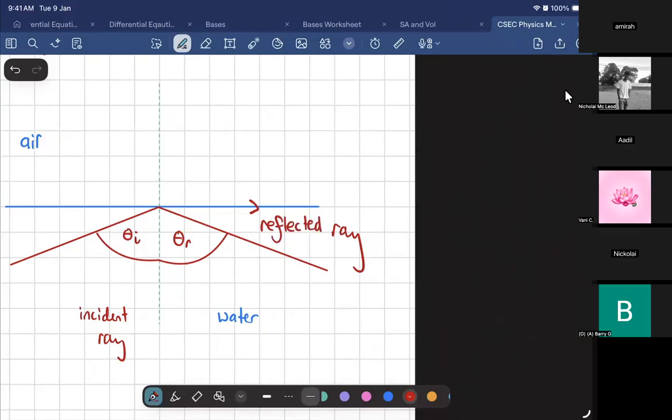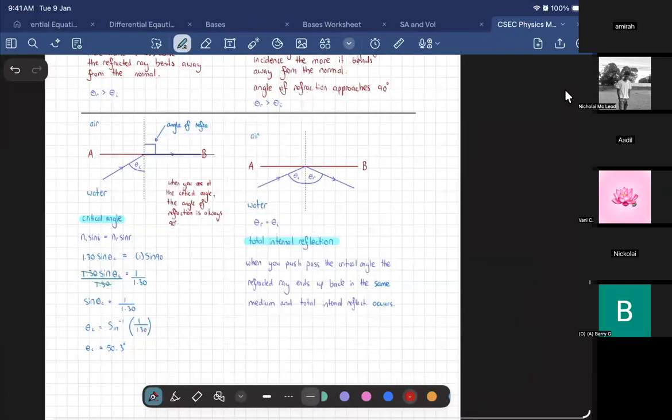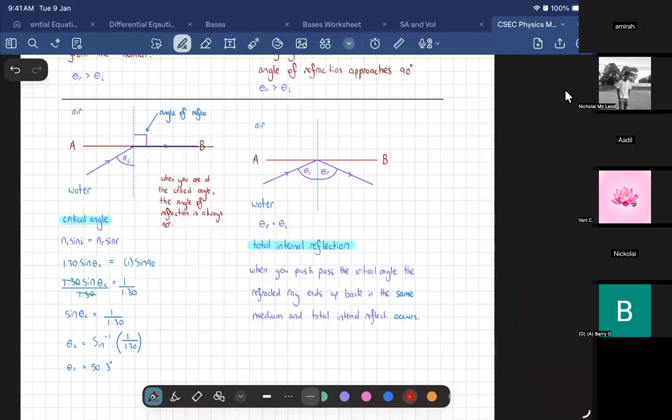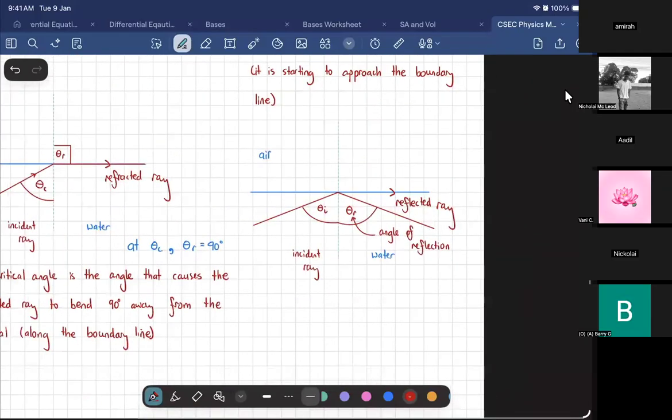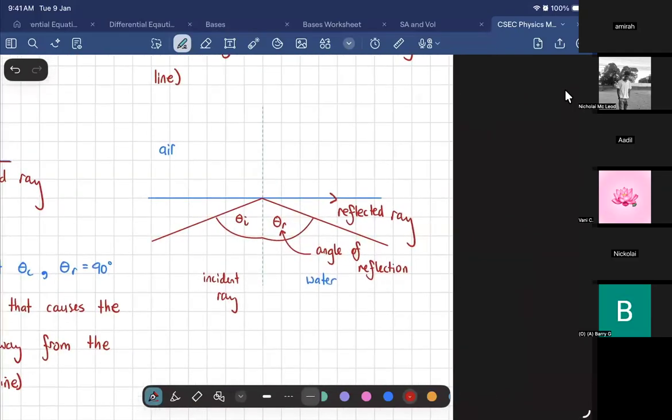And I would call theta R the angular what? What do you think? Wouldn't it be reflection? Yeah, angle of reflection. Yep, I remember it.